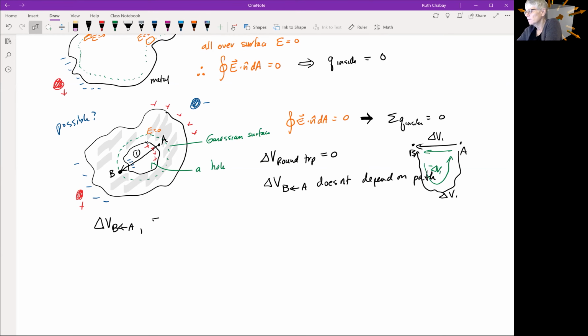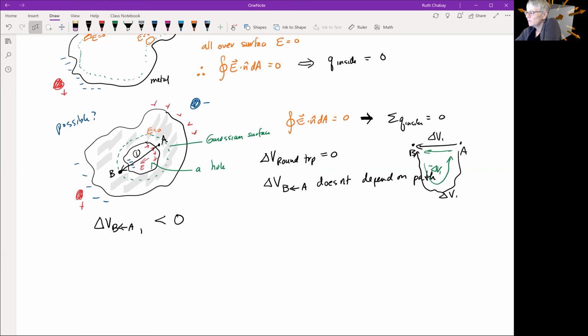On path 1, actually, we're not going to get 0 here, right? Because clearly there would be an electric field pointing from the positive charges to the negative charges. And so we're going with the field, so that's going to be less than 0.